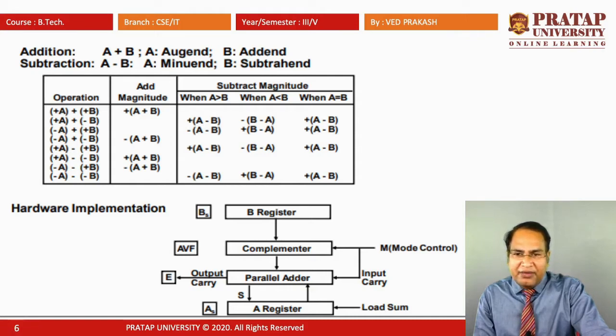So the data of register B is transferred to the complementer and the data of register A is parallelly transferred to the parallel adder. So here is a complementer.